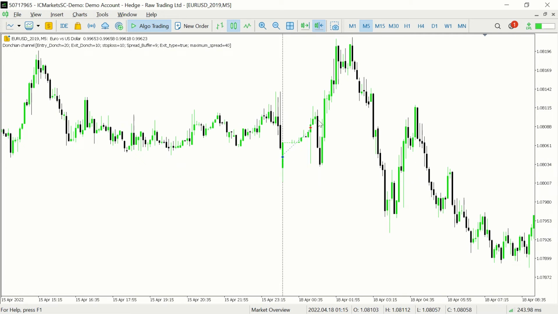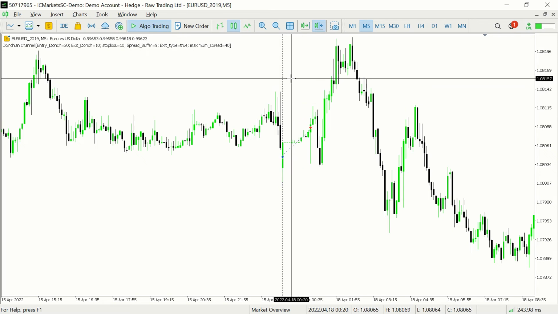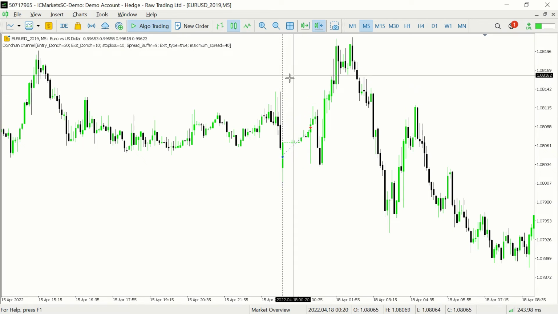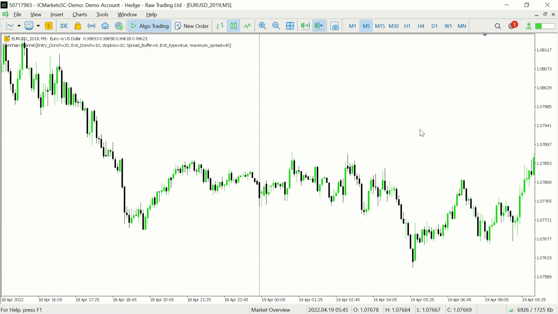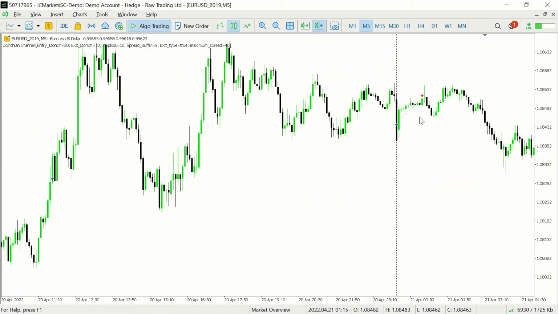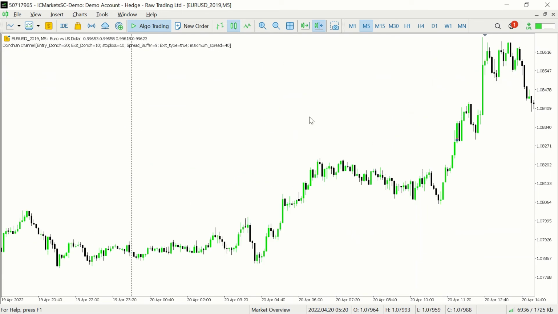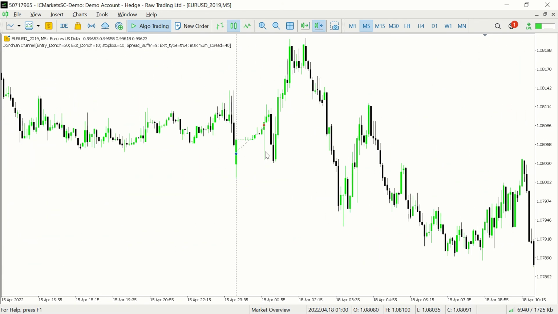The next thing to note is that we'll be taking trades at midnight. So for example, this is taken at 12. Let's find another trade. This one as well is taken at 12. So all the trades will be taken at midnight. That is the next thing to note.